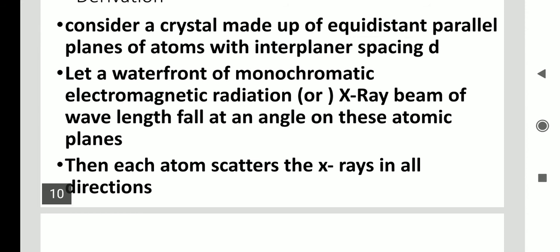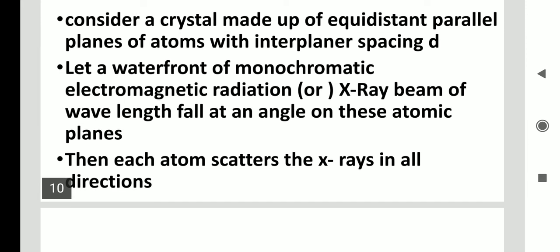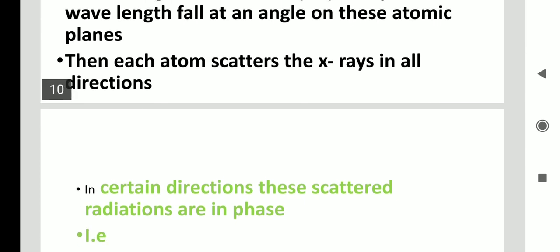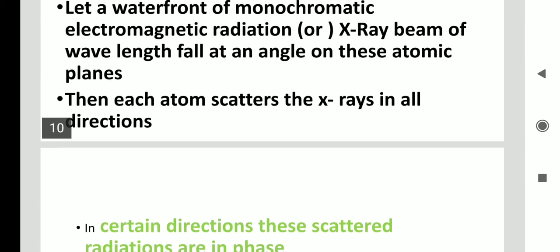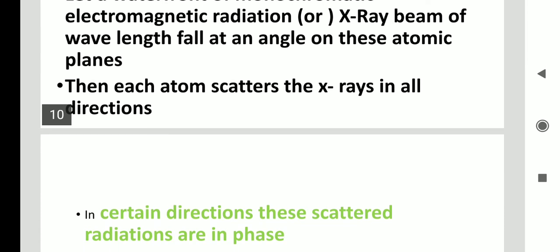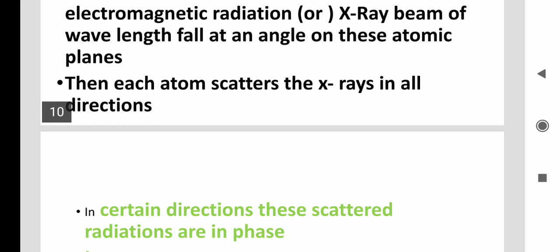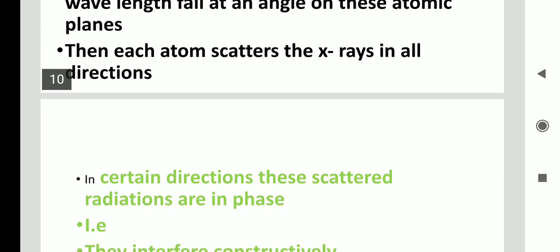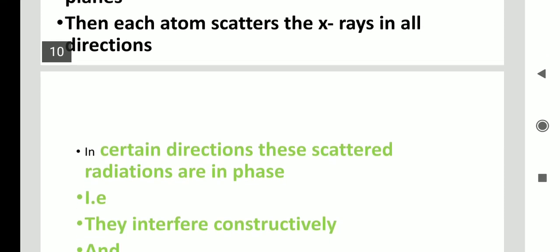If the ray is incident on these atomic planes, then each atom scatters the X-rays in all directions. When the rays enter, they are scattered by the atoms of the crystal in all directions.